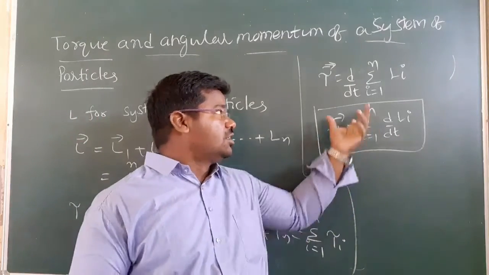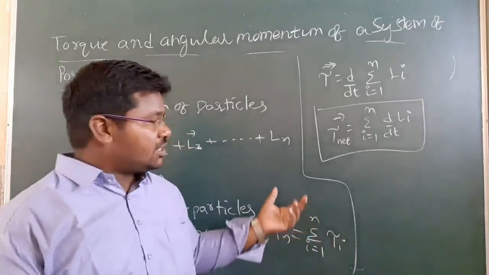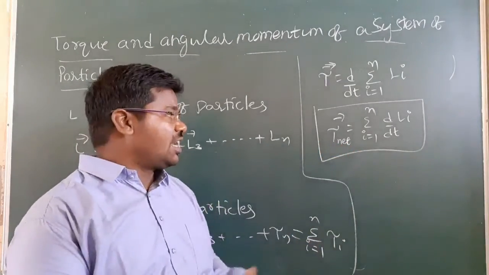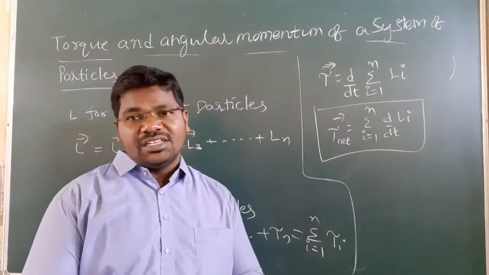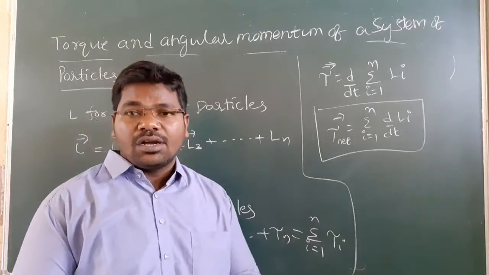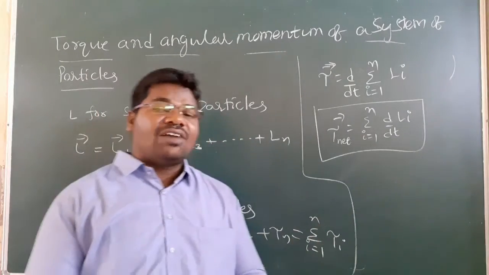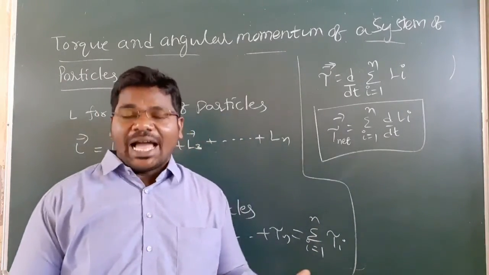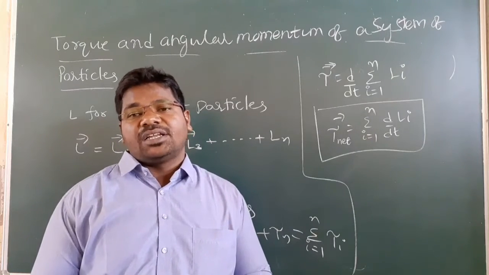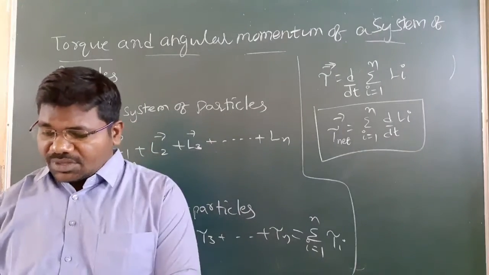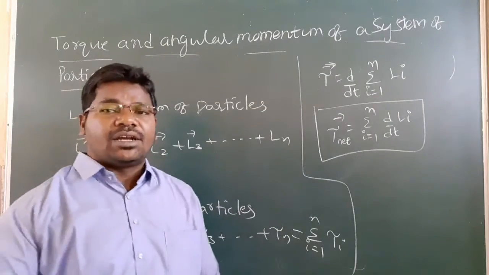From both equations we get that the net torque, or the total torque, is equal to the rate of change of angular momentum of the system of particles. Understand, my children? Coming to the next one, conservation of angular momentum.